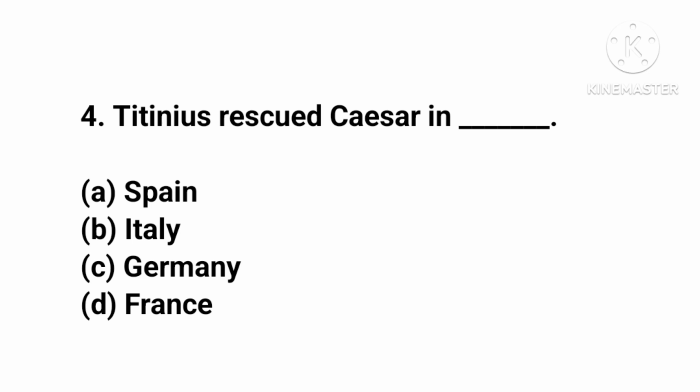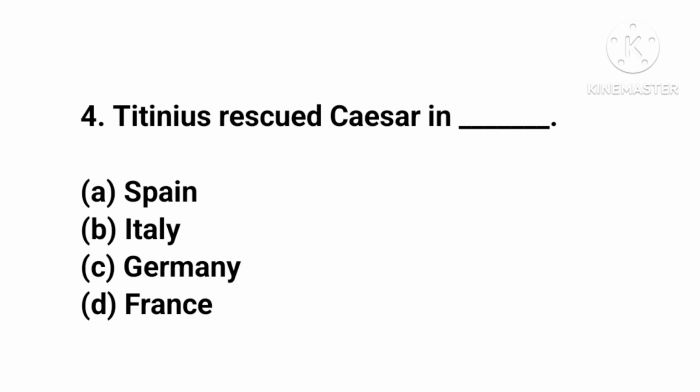So, Caesar had been in times of trouble in a particular place, and Titanius had rescued him. So now you have to tell me which place it was. Very good. It was Spain.